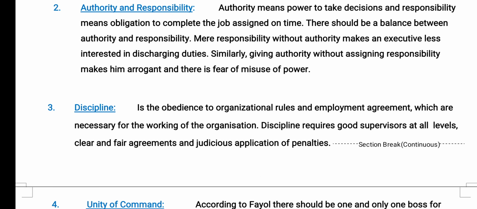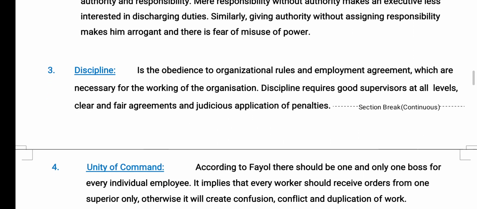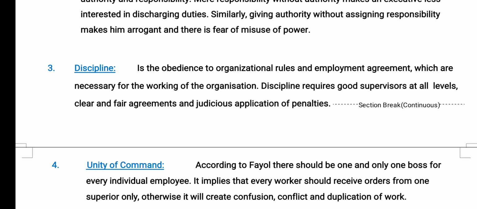So, this principle says that the organization must have clear and fair agreements, clearly stated penalties, good supervision at all levels, who do not function according to personal choices and bias, and the judicious application of penalties. So, I will give you one example.